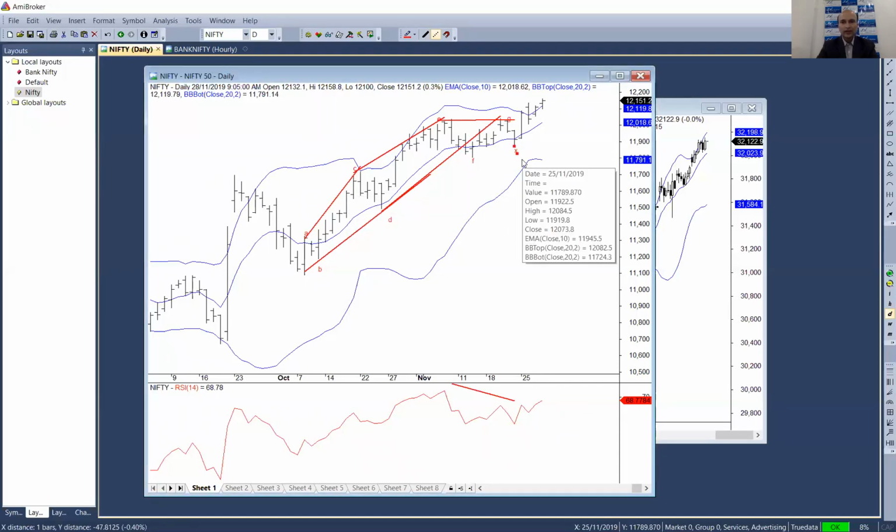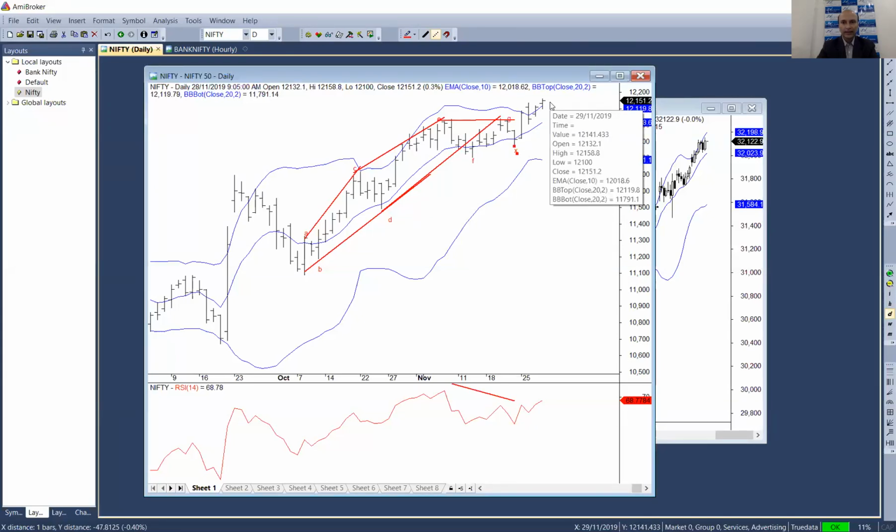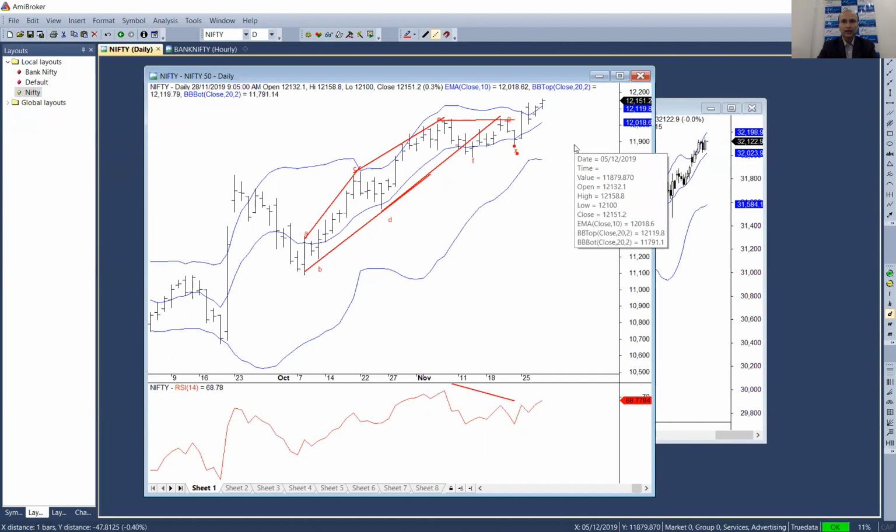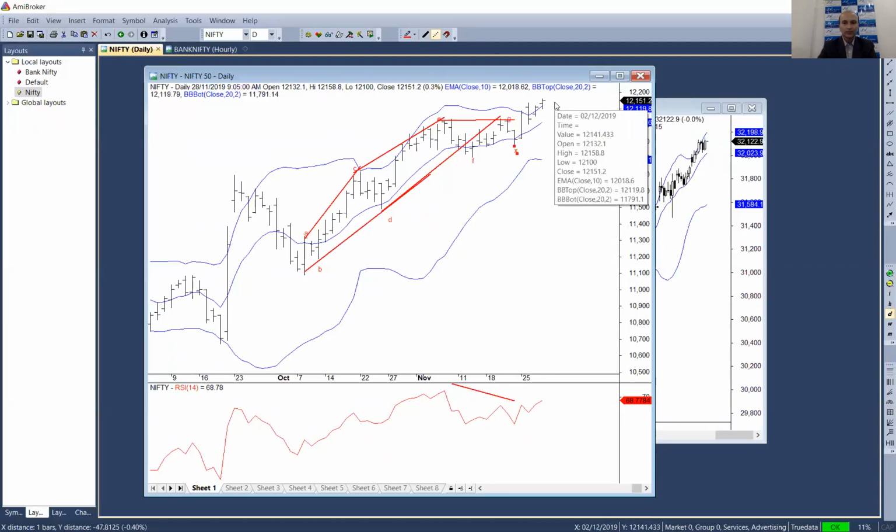Post the completion of an X wave, we again started a wave on the upside, which is an A. So if you are following the daily research articles, you might have received a mail which read that we might have completed wave X and A is starting. At that point of time, Nifty was around 12,020 odd levels, I suppose. And from there, we are seeing the up move, which has continued.